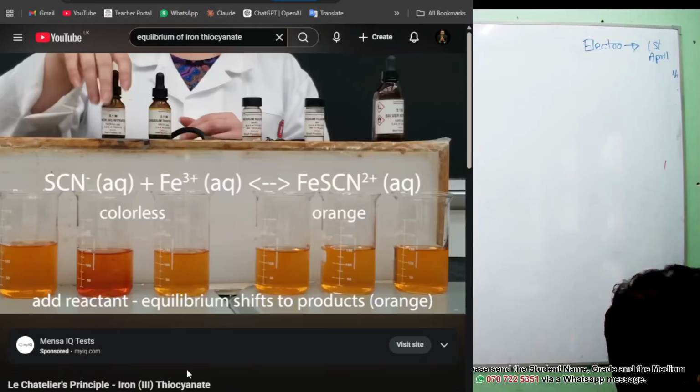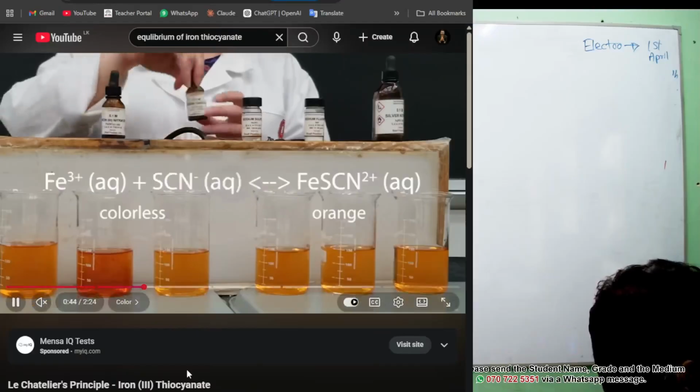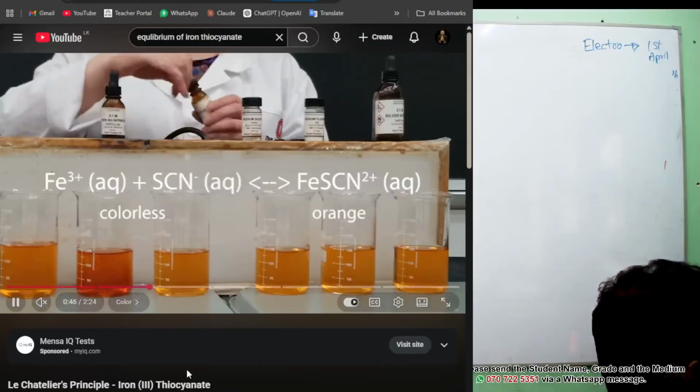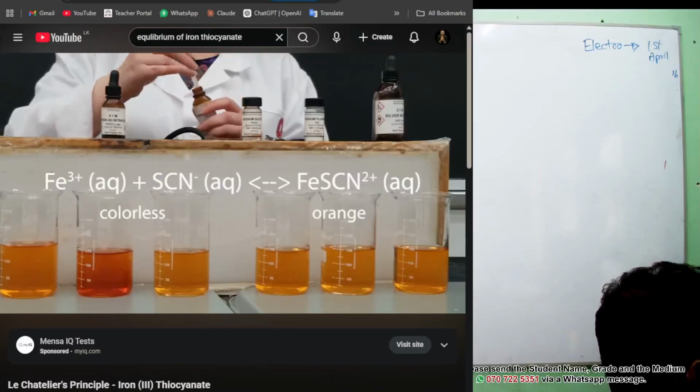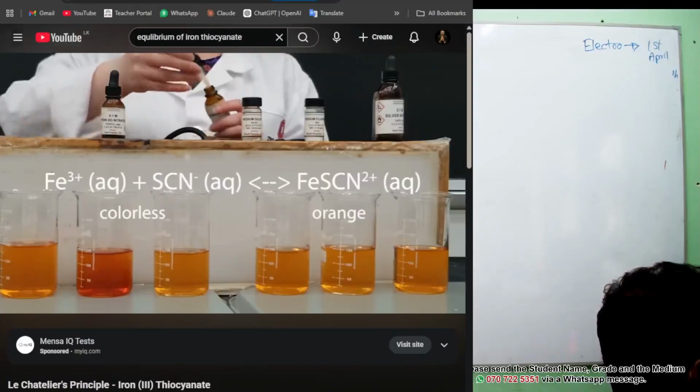That means what? They add, I guess, SCN or Fe3+, one of them. Then the reaction shifts to the product side, right? Can I get a higher concentration of them?